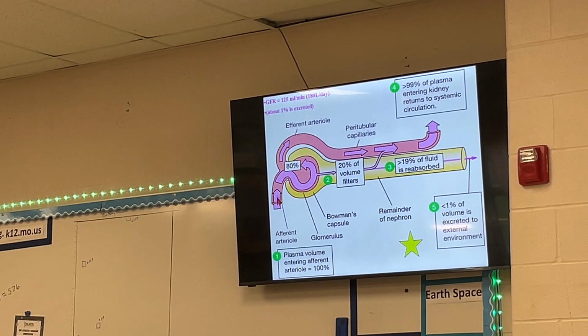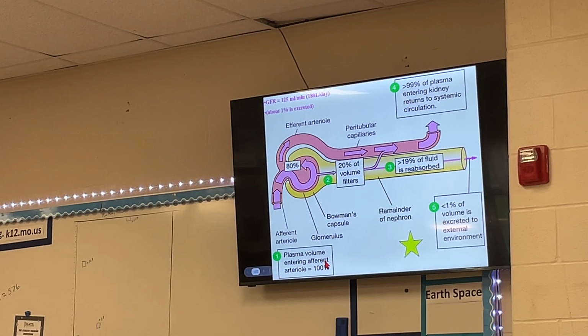So again, remember the afferent arteriole is larger. Afferent arteriole is larger, and what is going out is the efferent arteriole, and that is smaller. So 80% of the blood plasma stays, and only 20% is filtered out into the tubules, and then we have a lot of filtration that's going to take place.